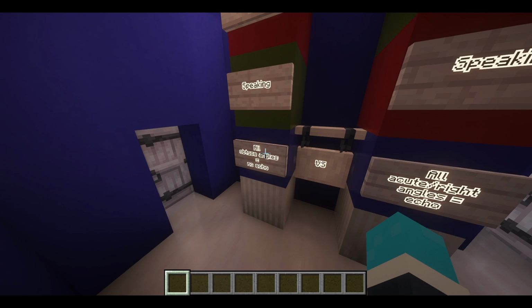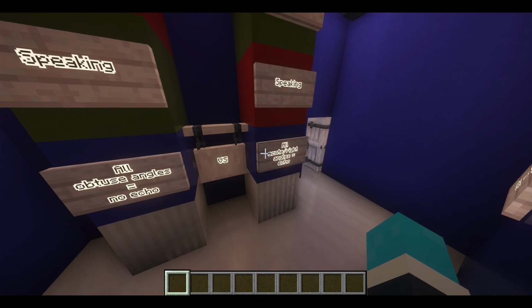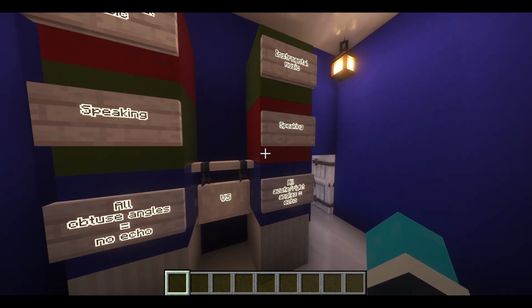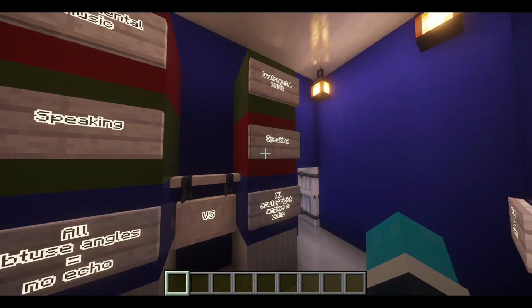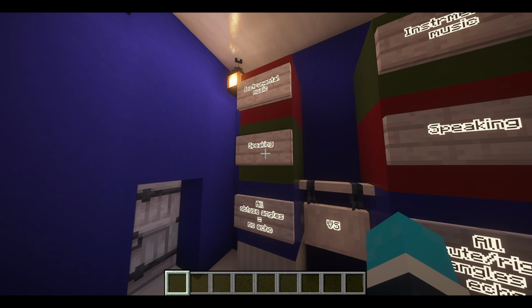So, that makes all acute and right angles bad for speaking, as echo in speech makes it a little bit more confusing. On the other hand, speech without echo is a lot easier to understand.